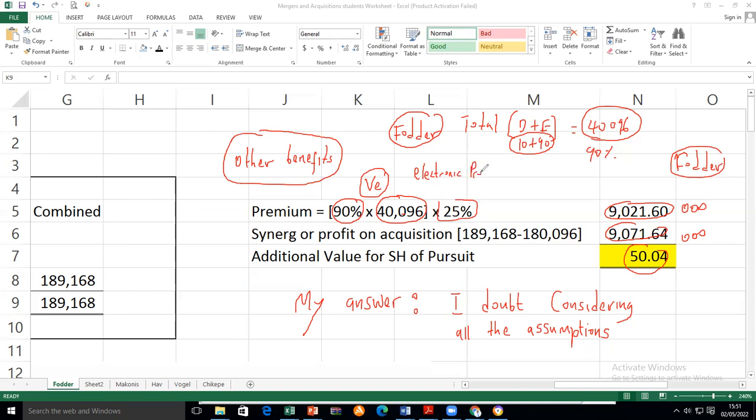The profitability may not be seen now, but as they penetrate the markets, they will start reaping from that. Also, looking at the human capital that they'll get from Fodder, that may also add to the advantage.